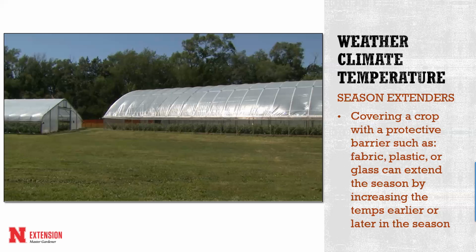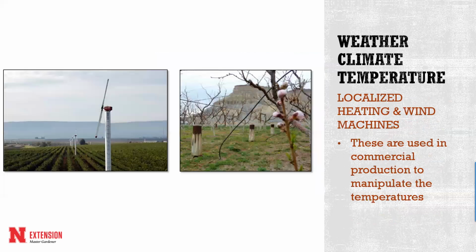A lot of them, the sides roll up so you can get the wind and air circulation through there. But then when it gets cooler in the evening, you can roll them down and keep that warmth inside there. So definitely ways to extend your season in your growing environment in your landscape.